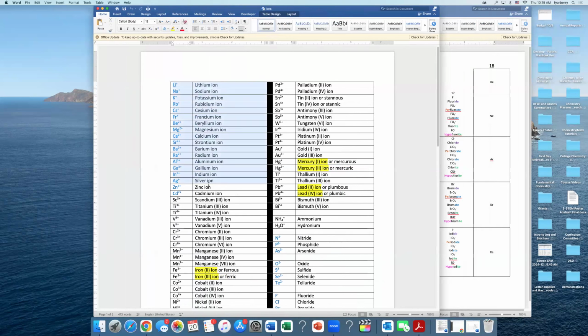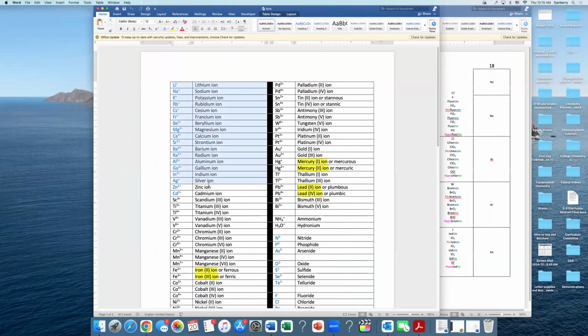Those are your group 1, which are +1. Your group 2, which is +2. Your silver, which is a +1. Zinc and cadmium, which is a +2. And aluminum, gallium, and indium, which are +3. You have to know those.